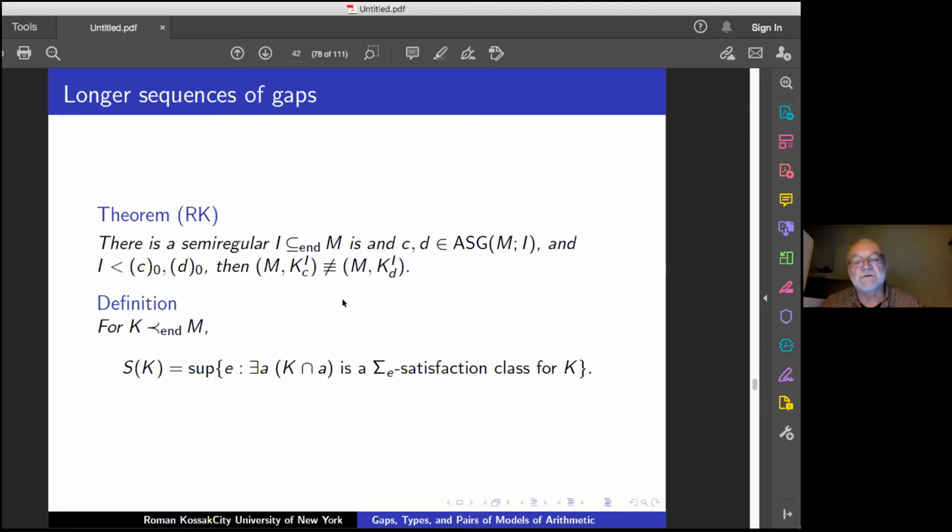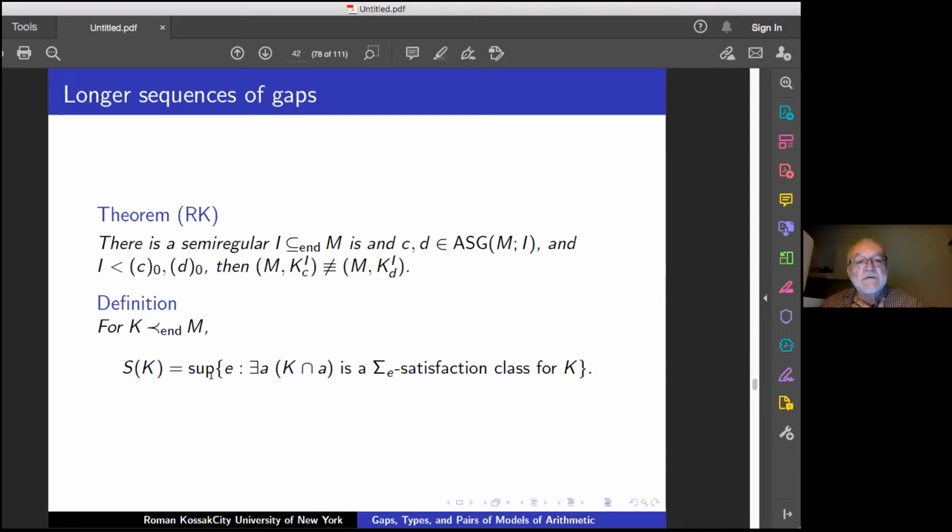One of the interesting aspects, not visible at first glance, is the presence of truth definitions on recursively saturated models. That helps, and it becomes part of the structure and sometimes part of the theory of the pair. So M is a recursively saturated model, K is its elementary initial segment. Now we're looking at the supremum.